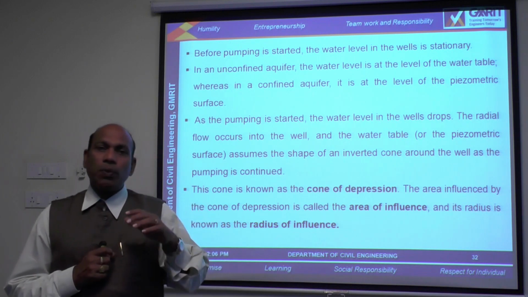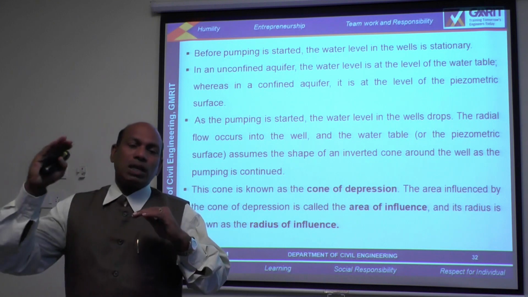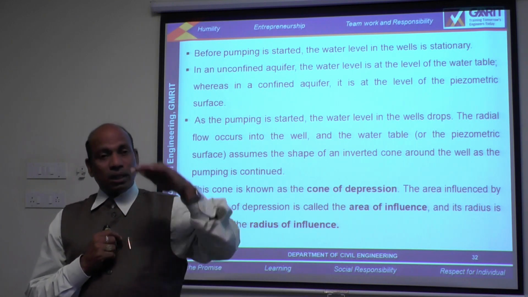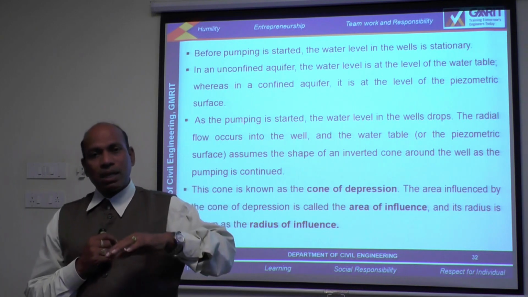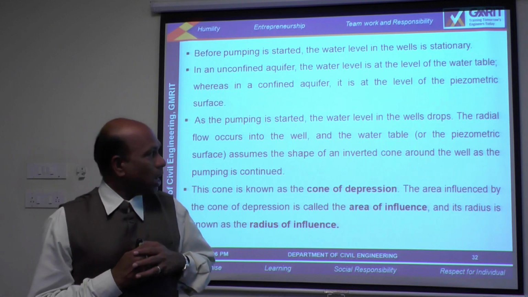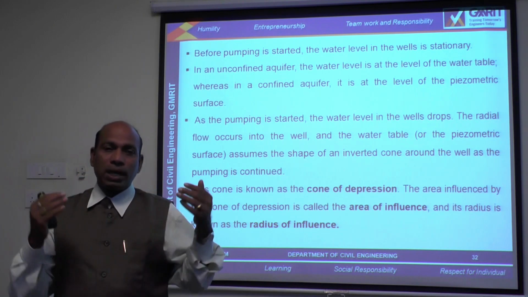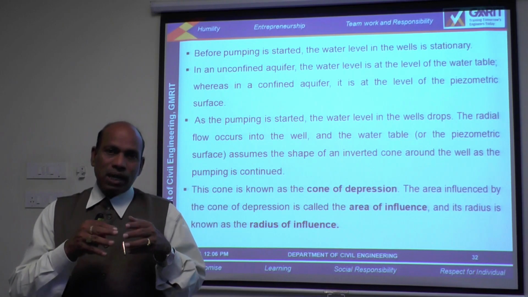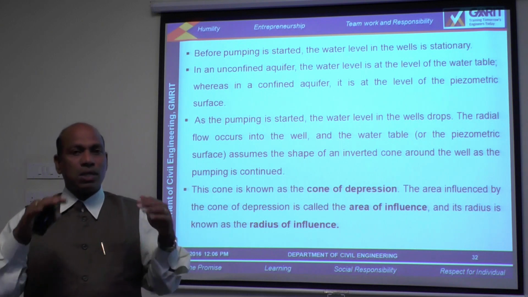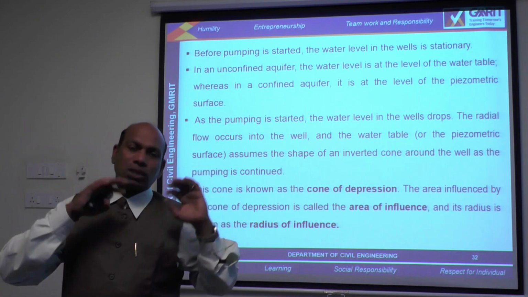In an unconfined aquifer, the water level refers to the water table in the aquifer, whereas in a confined aquifer, the water level in the well refers to the piezometric surface of the aquifer. As pumping is started, the water level in the well drops, radial flow occurs into the well, and the water table is assumed to form an inverted cone as pumping continues.